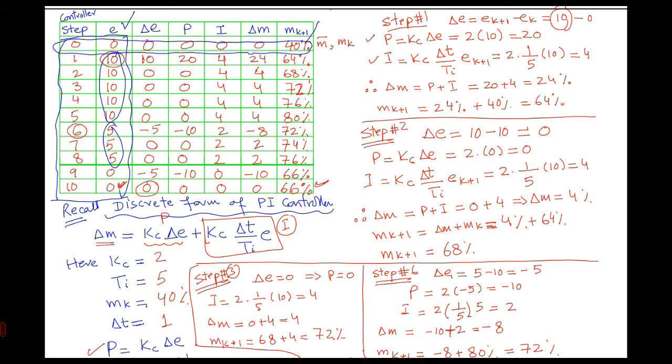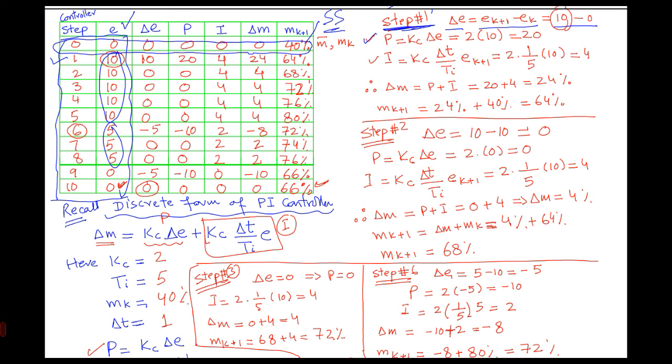So at step 1, we calculate delta E, which is equal to E of k plus 1 minus E of k, 10 minus 0. So we have a value of 10.